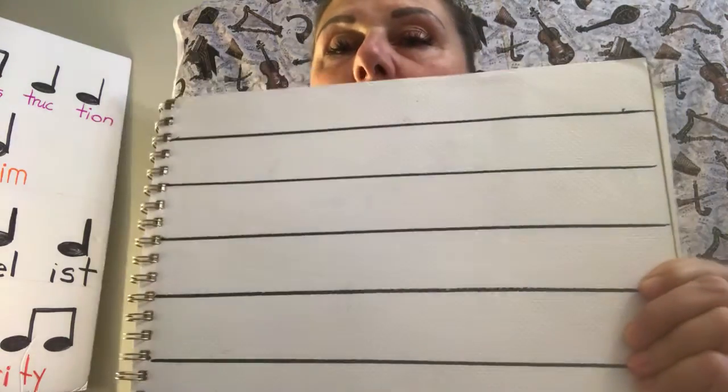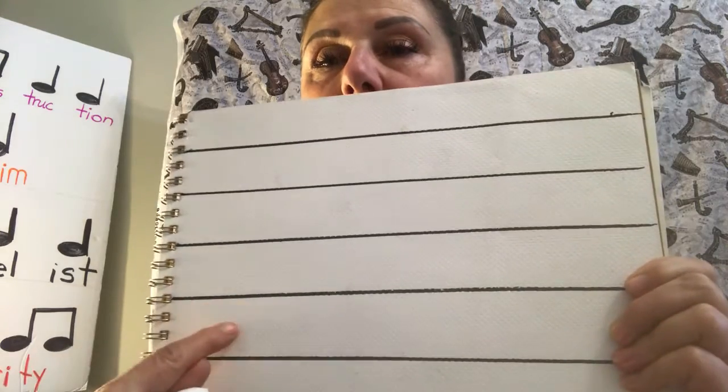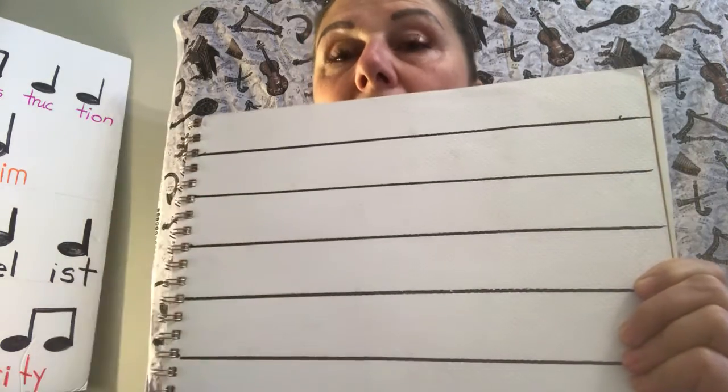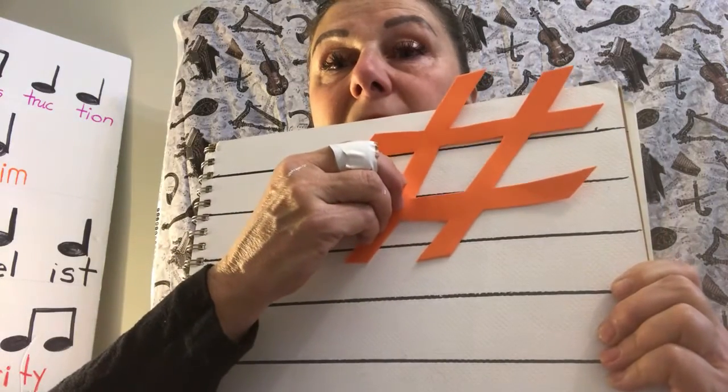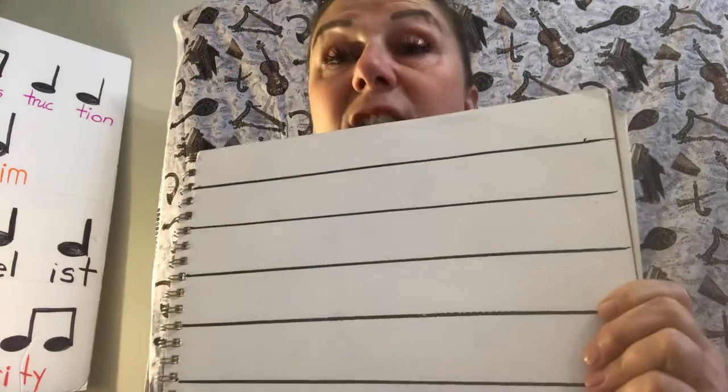Or say I wanted to do the 4th space, space 1, 2, 3, 4. Then my peephole would have to have that space in the center of it. And that's the way we are able to identify which note is being affected by the sharp sign.